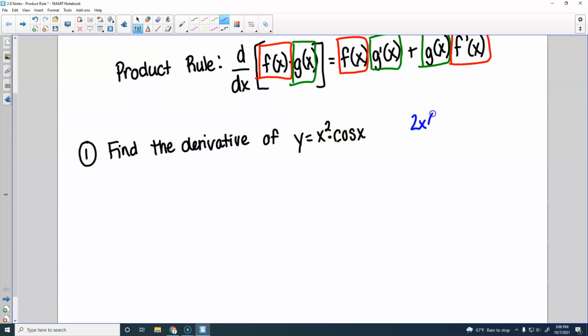Derivative of cosine is negative sine x. Therefore, the answer is negative 2x sine x. This is wrong. If you have two things that are multiplied and they both have x's, and you can't combine them, because we cannot combine x squared and cosine x.